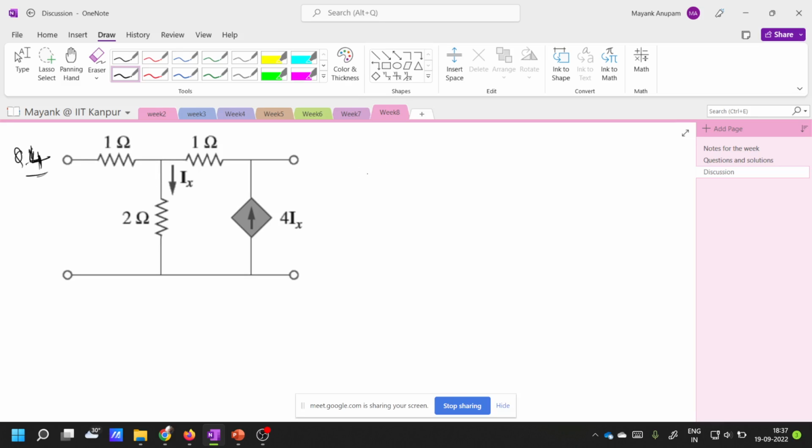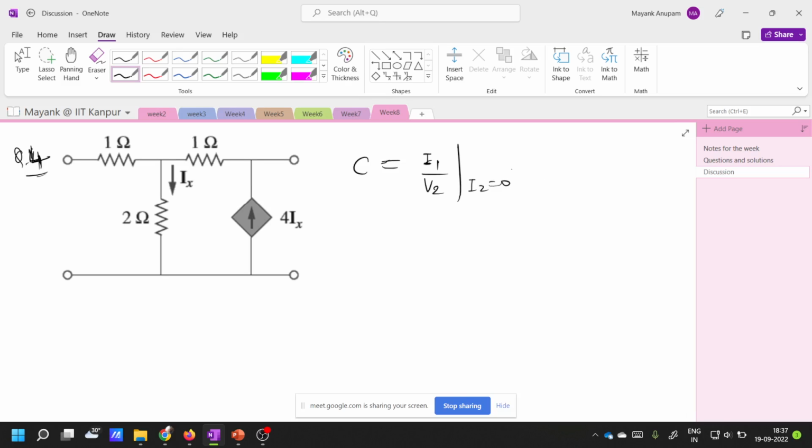Fine. So we have to find transmission parameter C. So what is C equal to? C is equal to I1 by V2, right? When I2 equals 0. Correct?